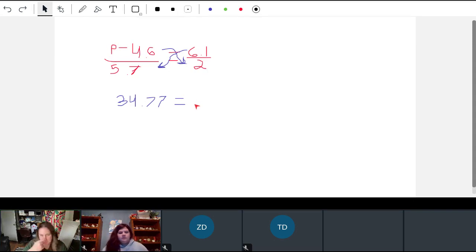You can write that right there. 2P, good. Then copy down your minus sign. Oh, don't forget the P. It's got to be 2P. There we go.